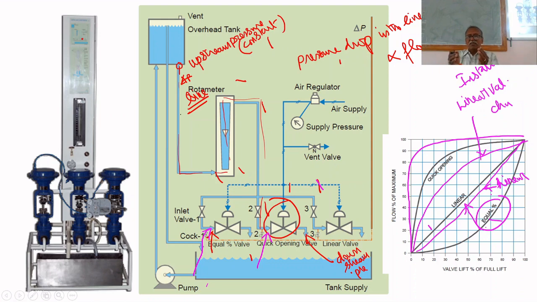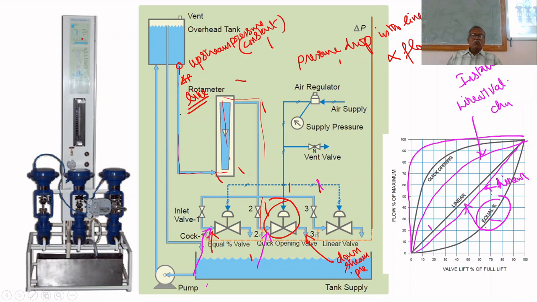Very little length between overhead tank and valve means it is between linear and equal percentage. If the length is too much, then it is between linear and quick opening. So anyhow, its characteristics move towards linear. Linear moves towards quick opening. Quick opening becomes further quick opening.